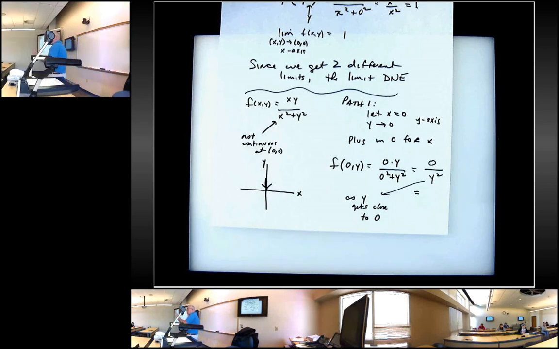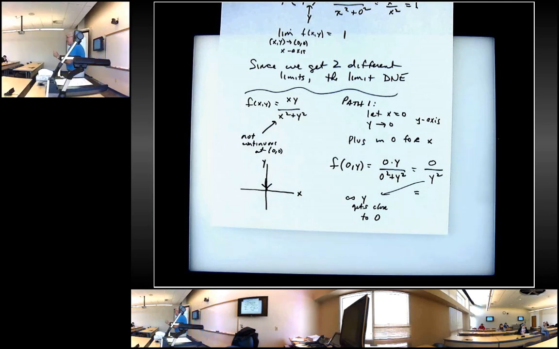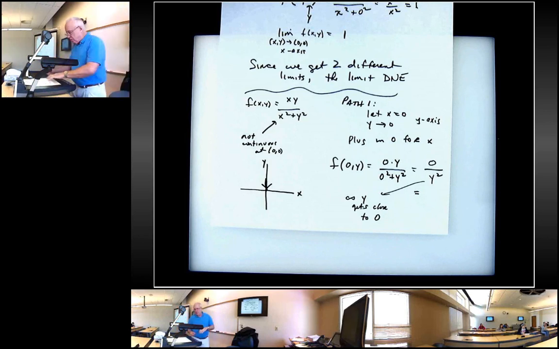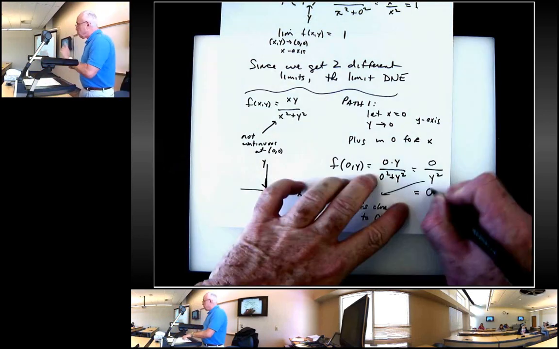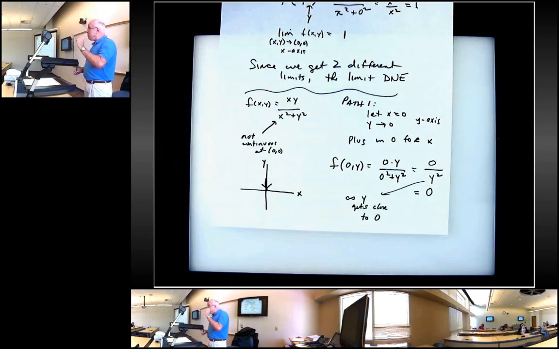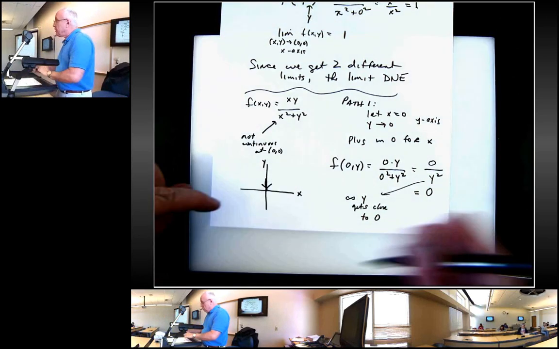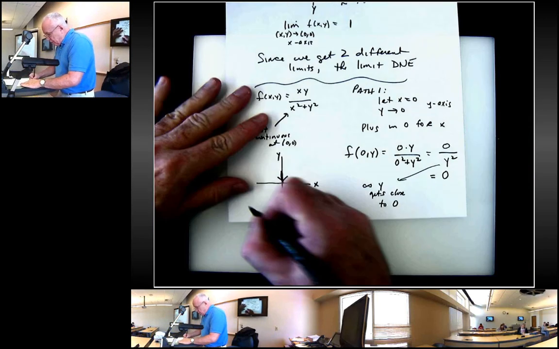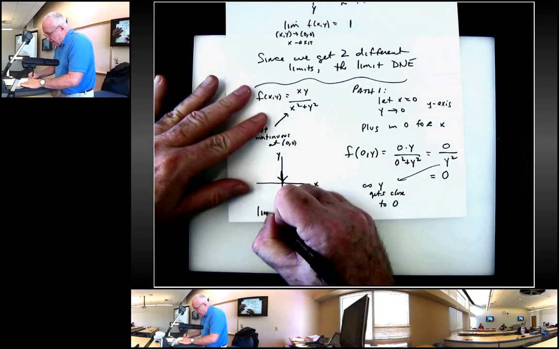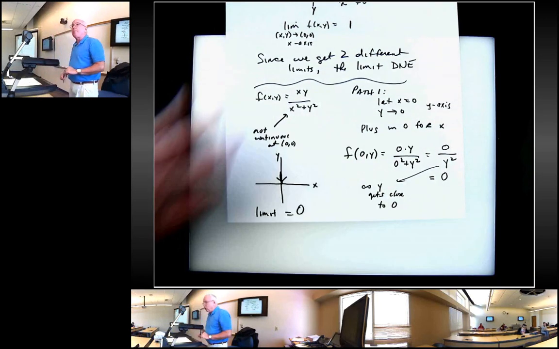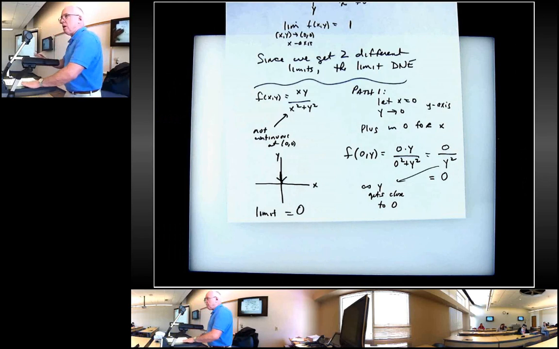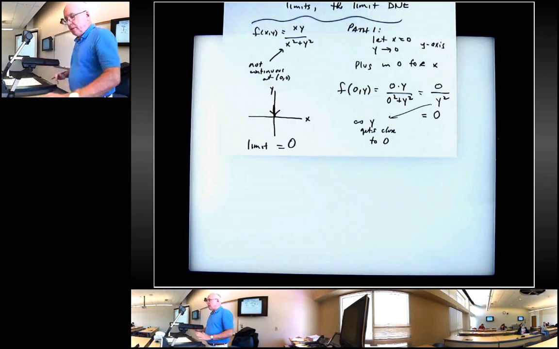Well, what's 0 divided by anything that's non-zero? It's 0. So this is equal to 0, since y itself isn't yet equal to 0. It's traveling down, but it's not 0. So therefore, in this direction, our limit is 0. So the limit is equal to 0 along that path. Everybody okay with that? See how you get that?